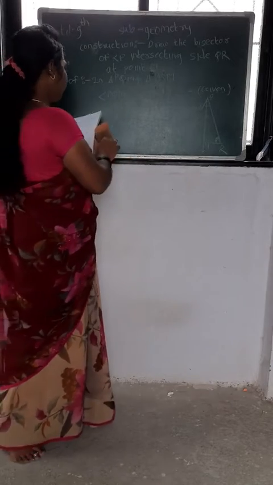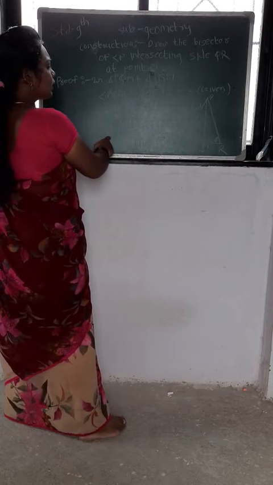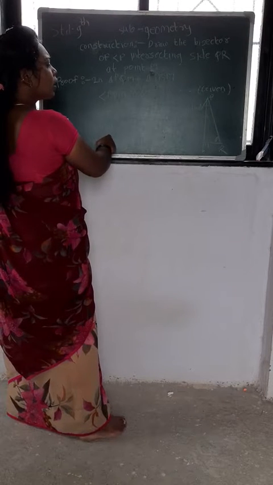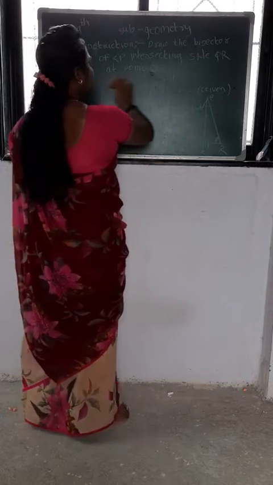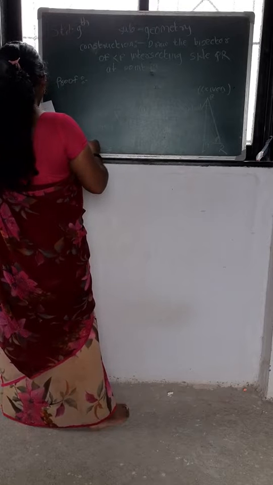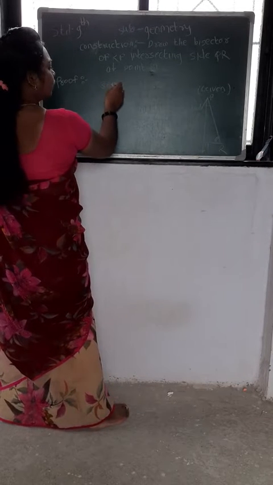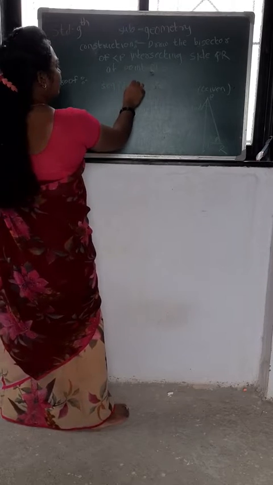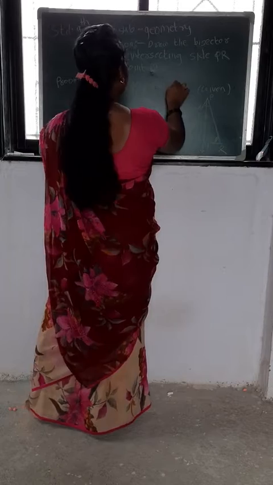In this way, if two angles and one side are congruent, then the remaining sides are congruent. Therefore, segment PQ is congruent to segment PR.